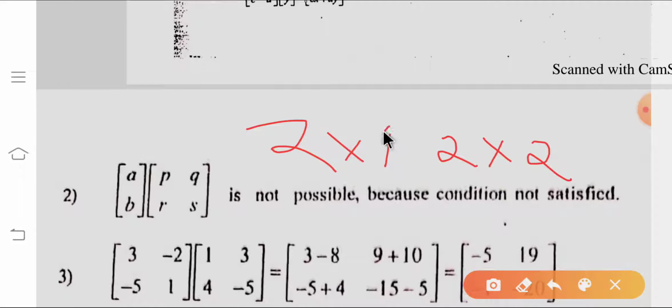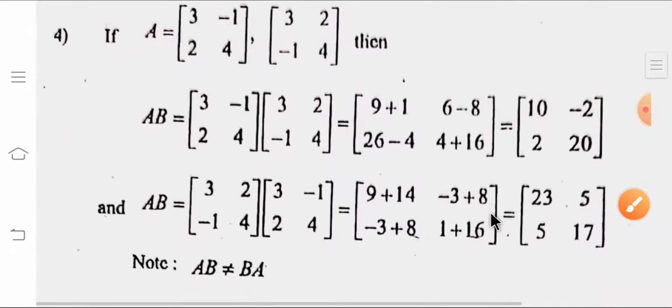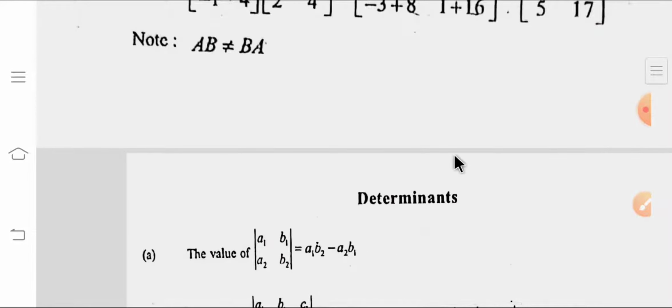So the first matrix's column count is 1 and here the row count is 2. These are not equal, so the product is not possible. Remember this one. And one more thing: matrix multiplication is non-commutative, that is, AB is not equal to BA.